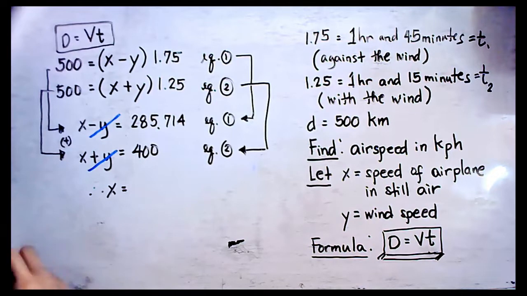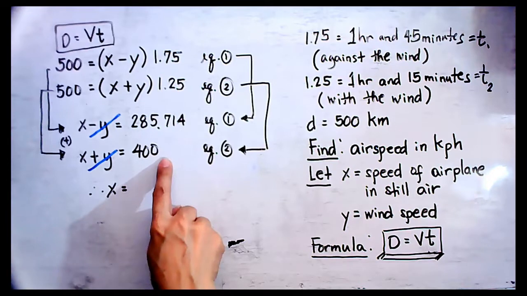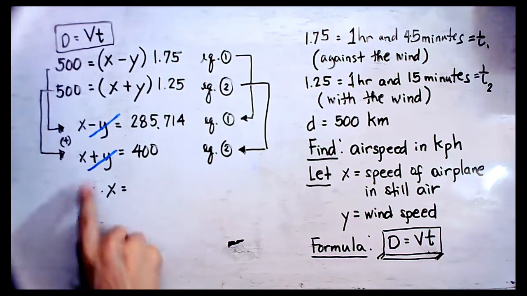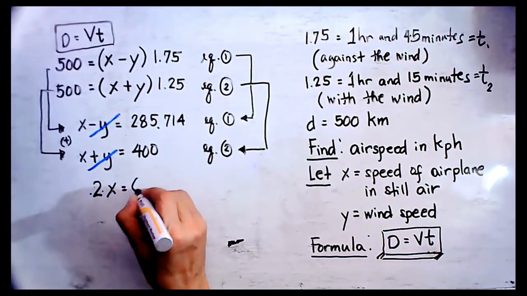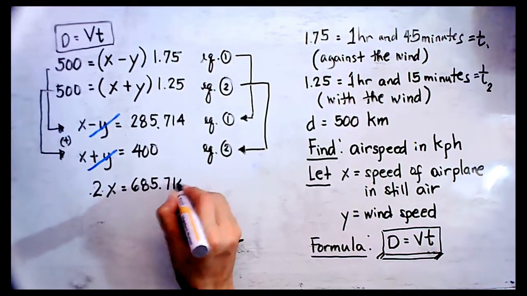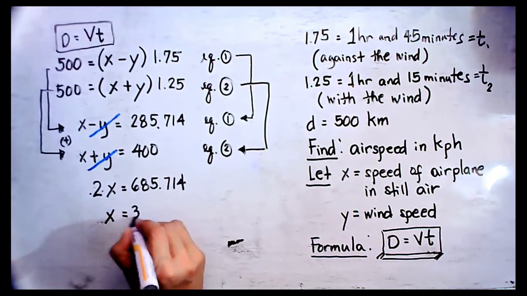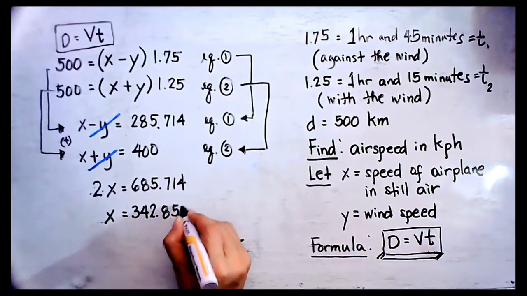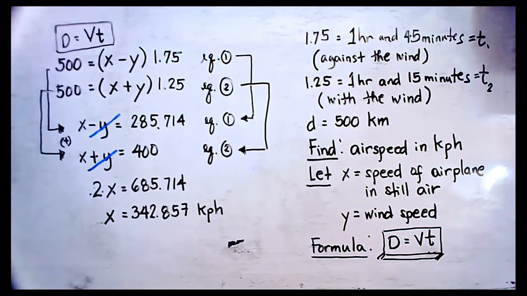So this is 285.714 plus 400, which is basically 685.714. It's equals to 2x. And then the value for x will be equals to 342.857 kph.